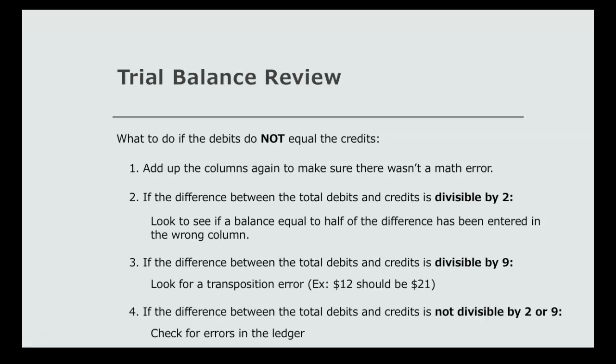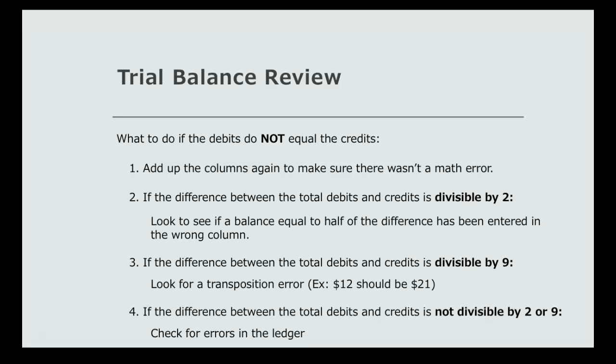Now, one last piece. Why do we even prepare a trial balance? Well, a ledger is going to be a book, right? There's going to be pages and pages and pages showing all the different balances of your accounts. Your T accounts could be over pages and pages as well.